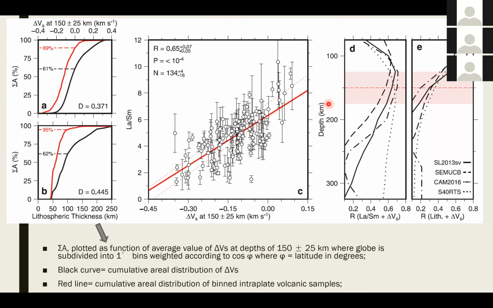So it is reasonable to assume that the correlation between delta velocity and the La/Sm ratio at this depth is principally controlled by temperature variation within the asthenospheric mantle.